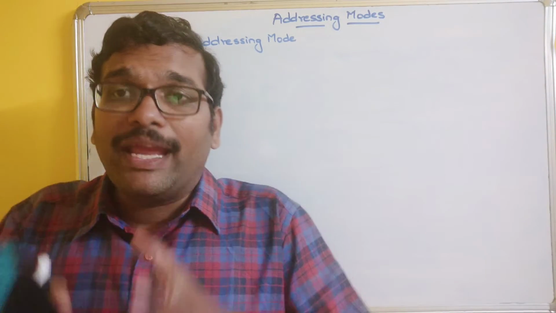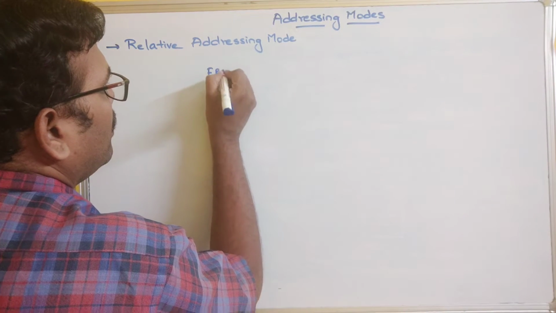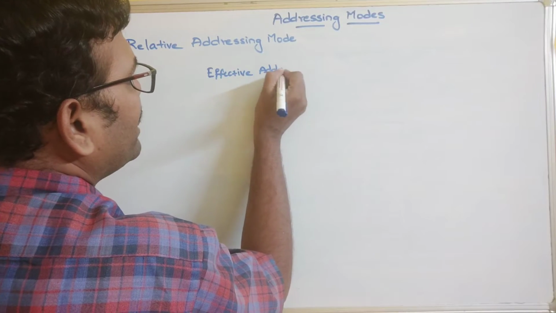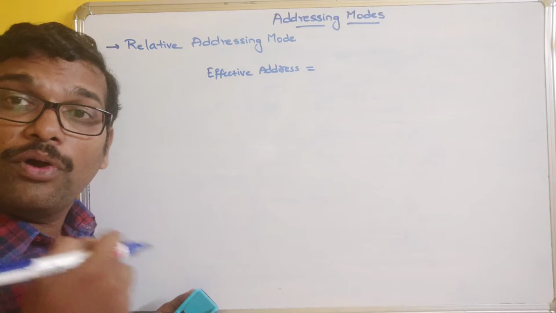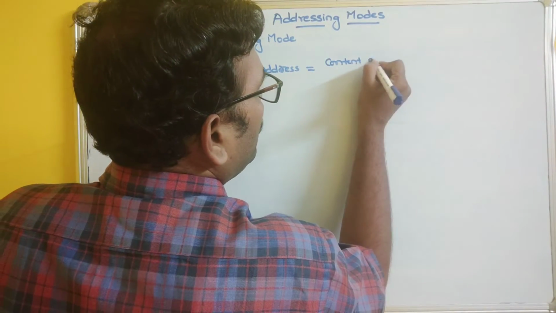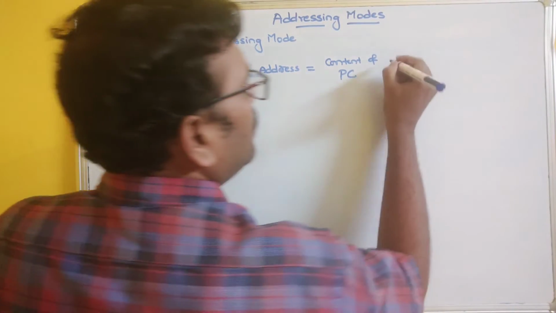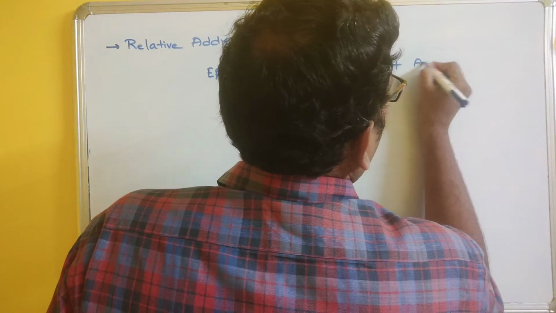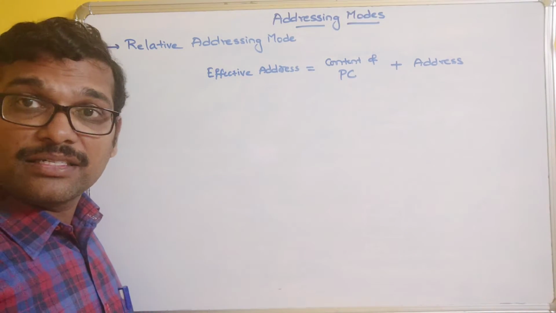In order to get the effective address, I'll write the formula here. Effective address. How can we get the effective address? That is the content of the program counter, I'll write it as PC, added with the address in the instruction format.